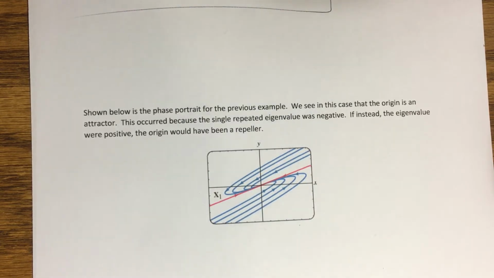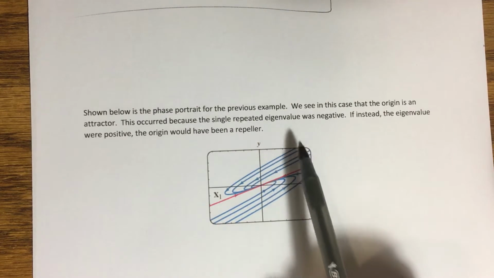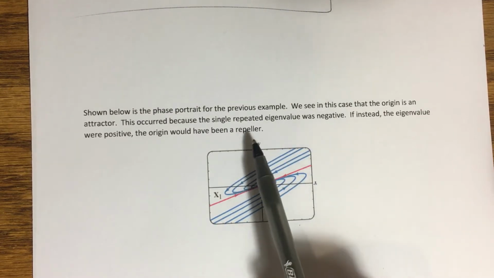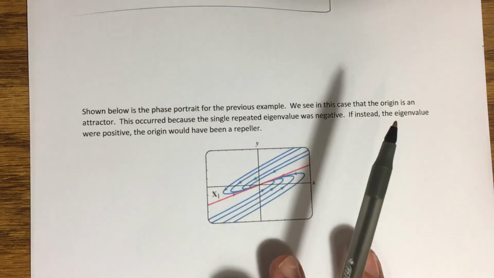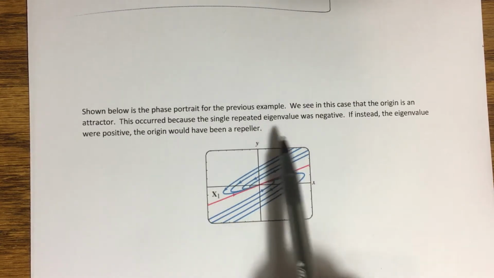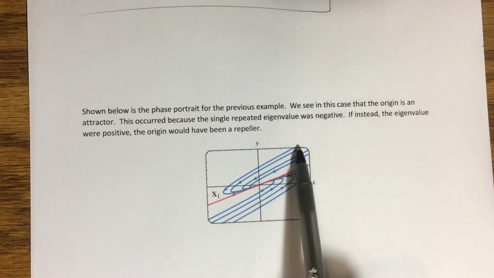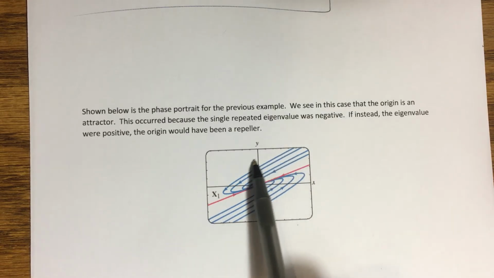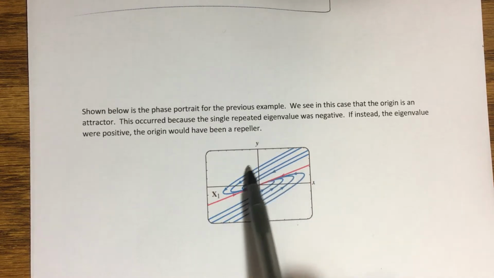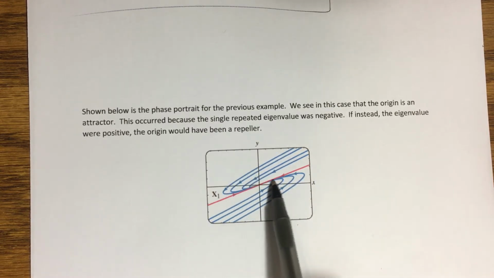In this case, we can go through the same analysis as before, but we had one eigenvalue, and it was negative. When that eigenvalue is negative, you can see on the red line that our arrows are pointing toward the origin, because these blue curves are moving towards the origin. If you follow a particle along either of these curves, that's where it's moving.